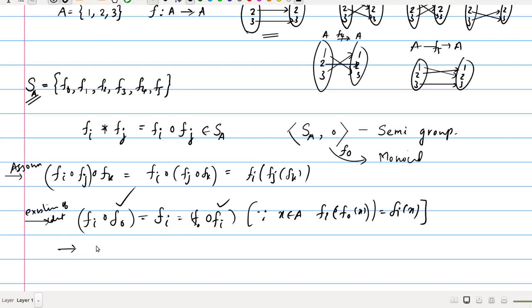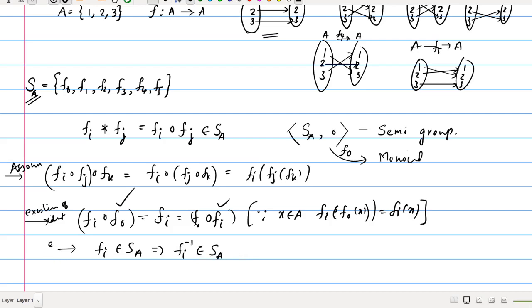Finally, we can say that if f_i belongs to S_A, then f_i is a one-one and onto function. Therefore, f_i inverse also exists in S_A. Okay, f_i inverse is again a one-one and onto function, so this belongs to S_A.